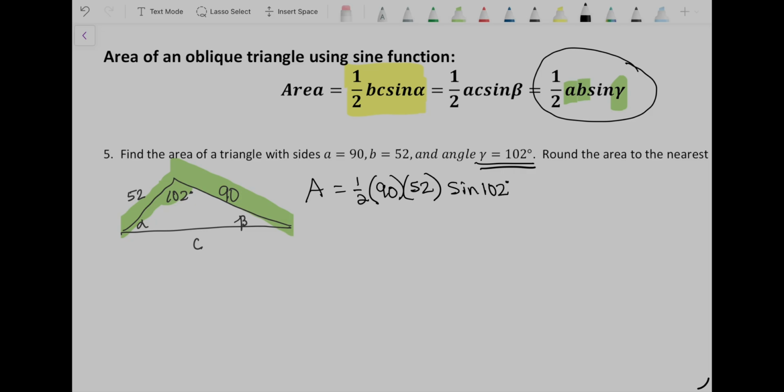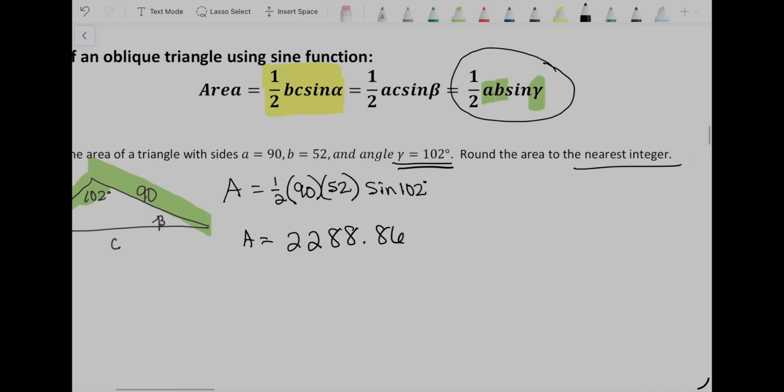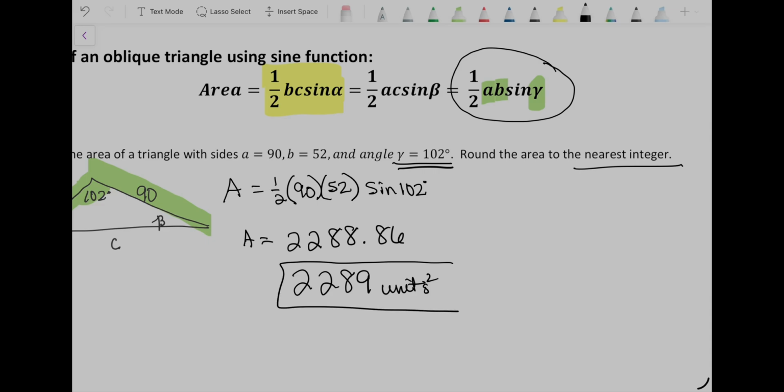You grab your calculator and you get, for this particular triangle, 2,288.86 square units, but it does say round to the nearest integer, so 2289. They didn't give us a label, so it's units squared. Okay, so that's how we would use this area equation that has sine in it.